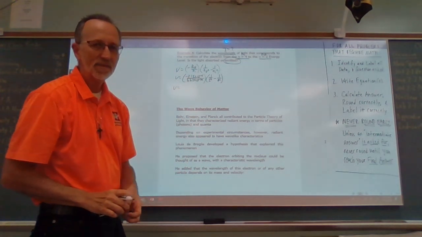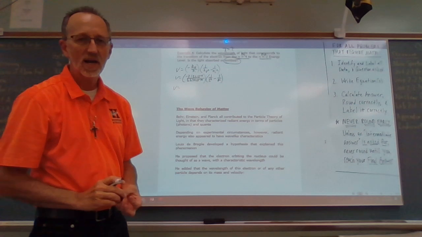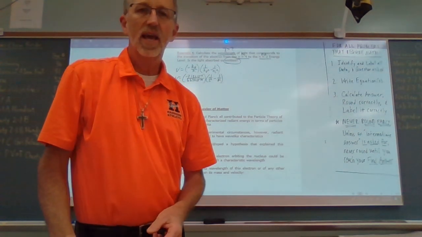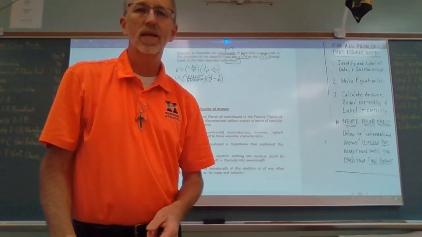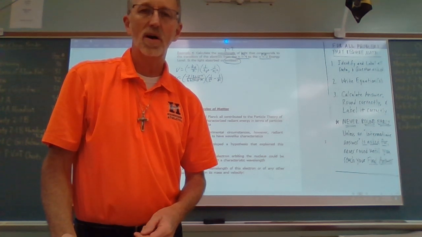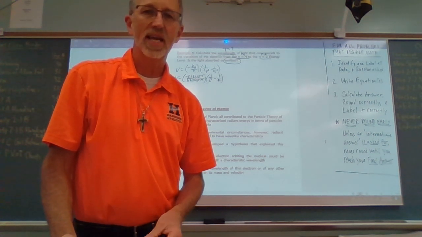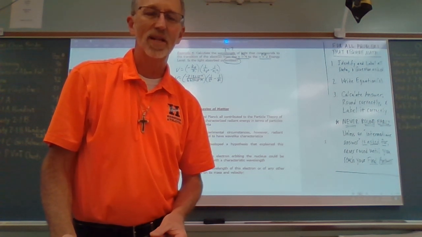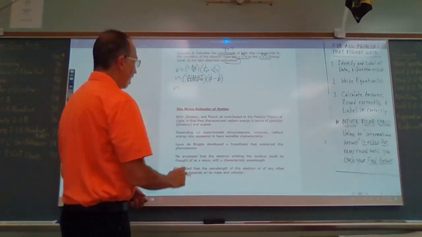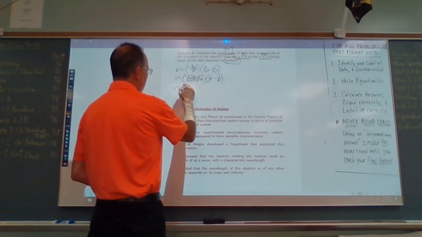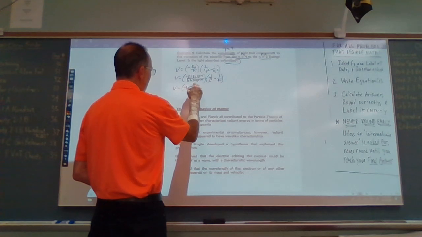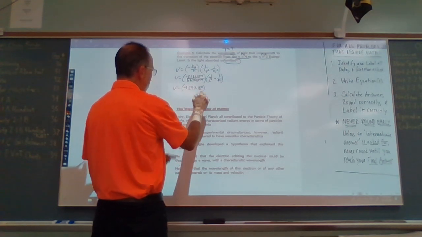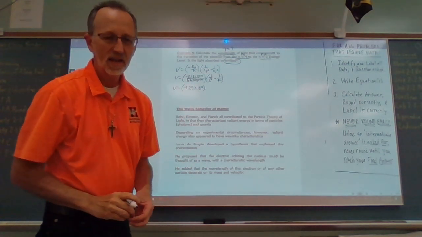Rydberg's constant divided by Planck's gives us another constant, and someone in years gone by said, why don't we just name that for the guy who explained that for us? It comes out to be negative 3.29 times 10 to the 15th. Keep it at 3 sig figs there.